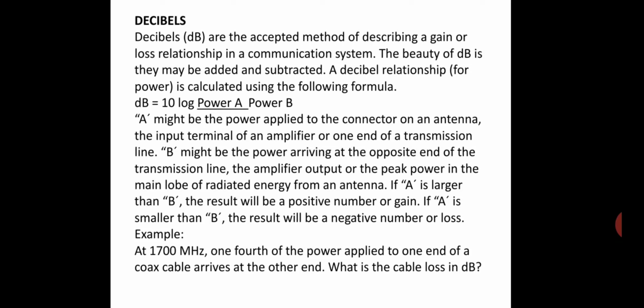We can understand this by an example. At 1700 megahertz, one fourth of the power applied to one end of a coaxial cable arrives at the other end. What is the cable loss in dB?